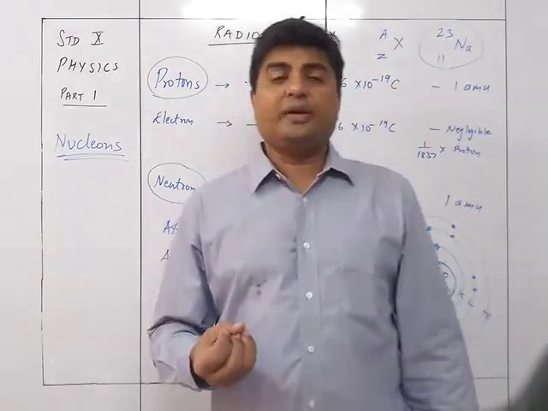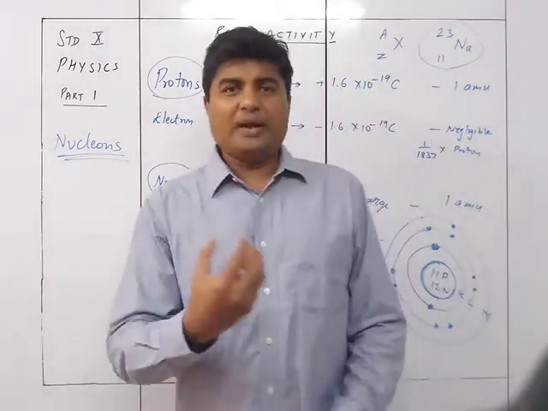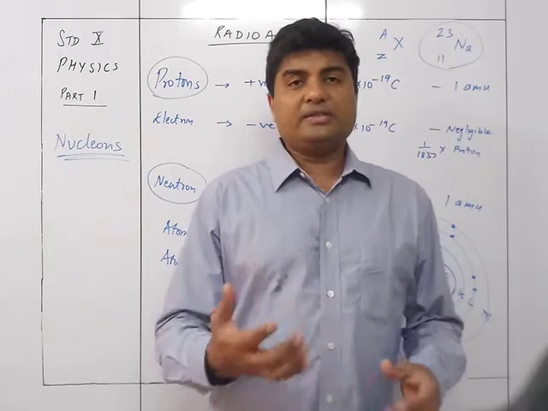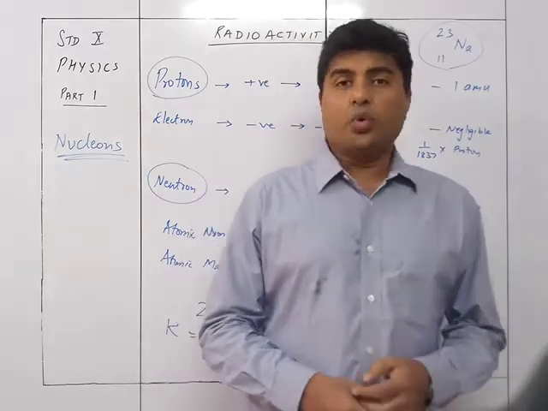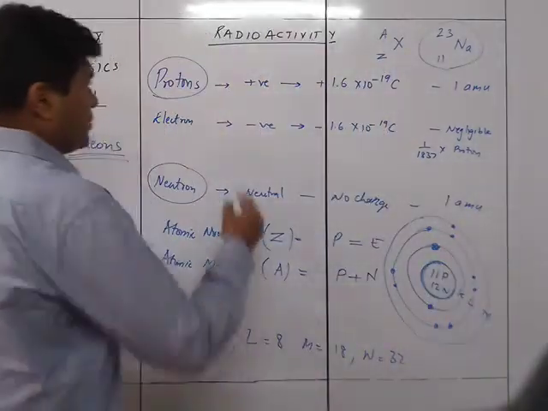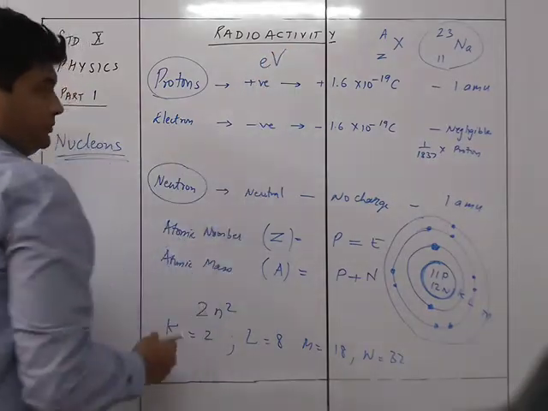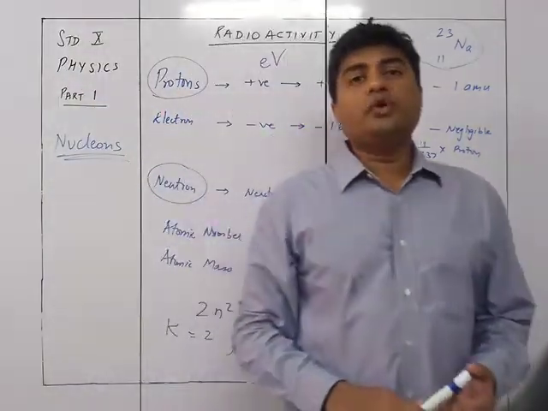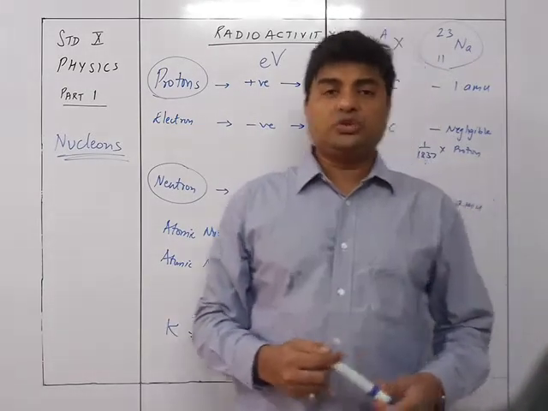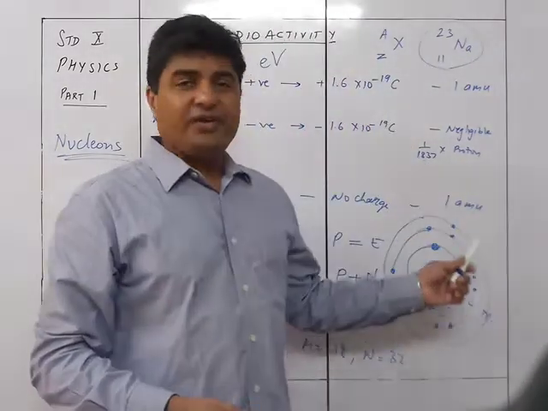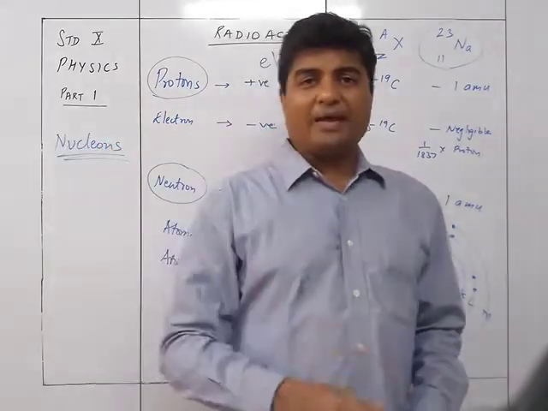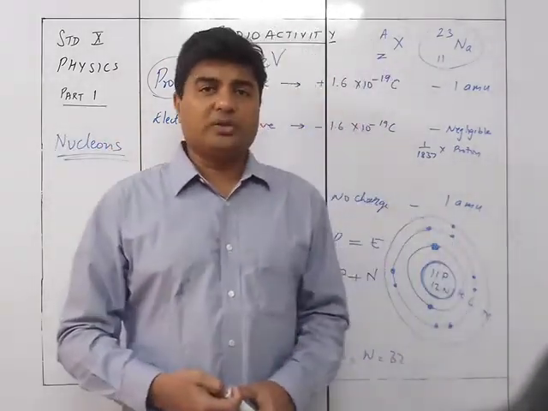The unit in which the energy to remove an electron is measured is the electron volt, that is eV. Electron volt is the unit for the energy required to remove an electron from, or add an electron into, the orbits of the atom.